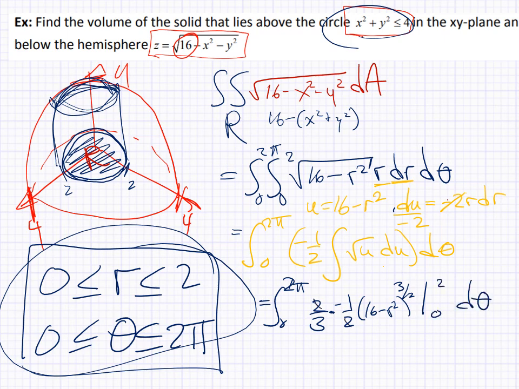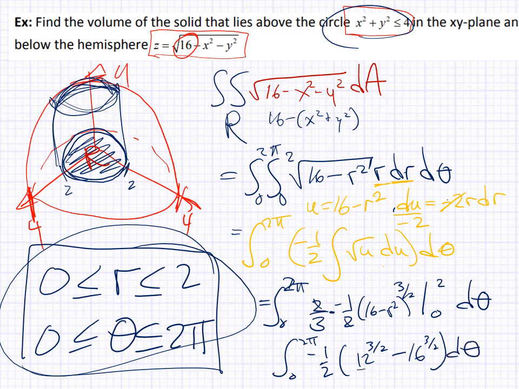So these 2's will cancel. I get minus 1/3. I plug in the 2, which is 4, 16 minus 4 is 12. So I get 12 to the 3/2, minus, I plug in 0, I get 16 to the 3/2. I still have the integral from 0 to 2 pi, d theta.